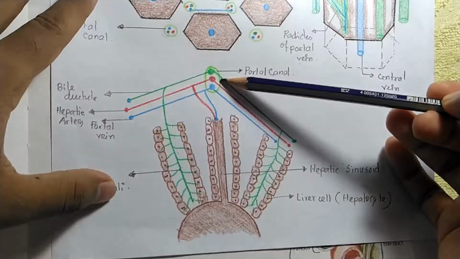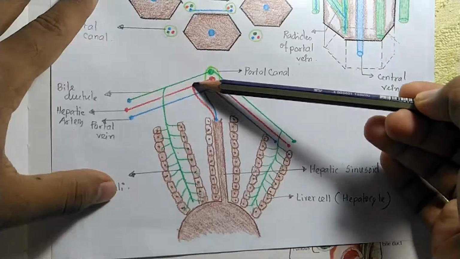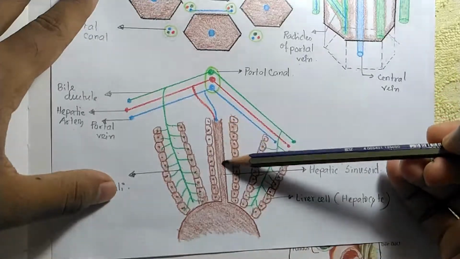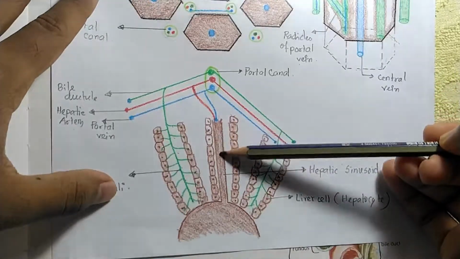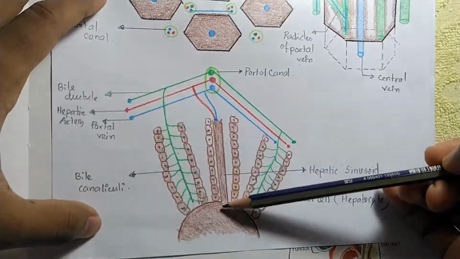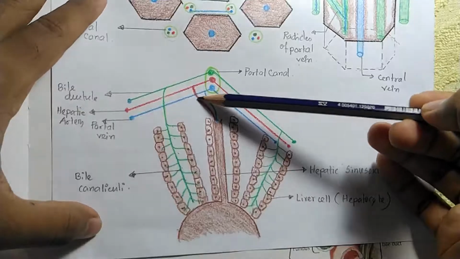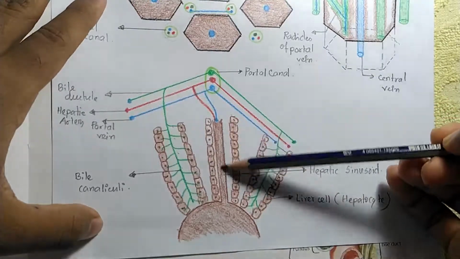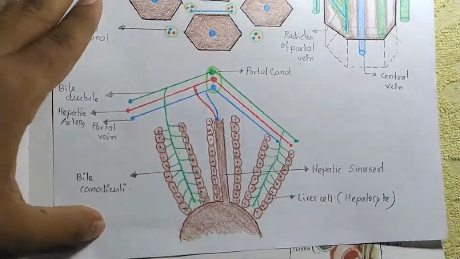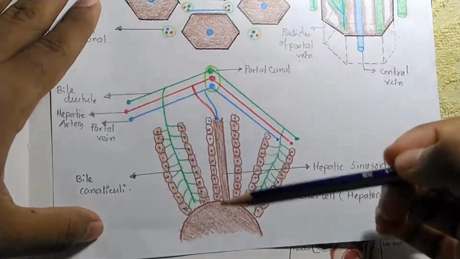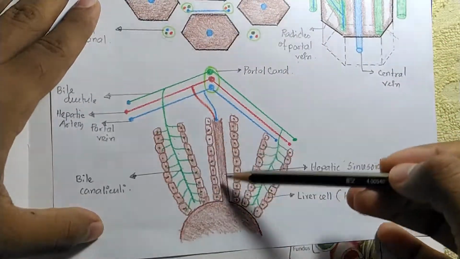You can see the hepatic artery and portal vein branches unite to form a hepatic sinusoid, and that will ultimately drain into the central vein. So these two systems reunite to form the hepatic sinusoid, which is present in between two hepatocytes.